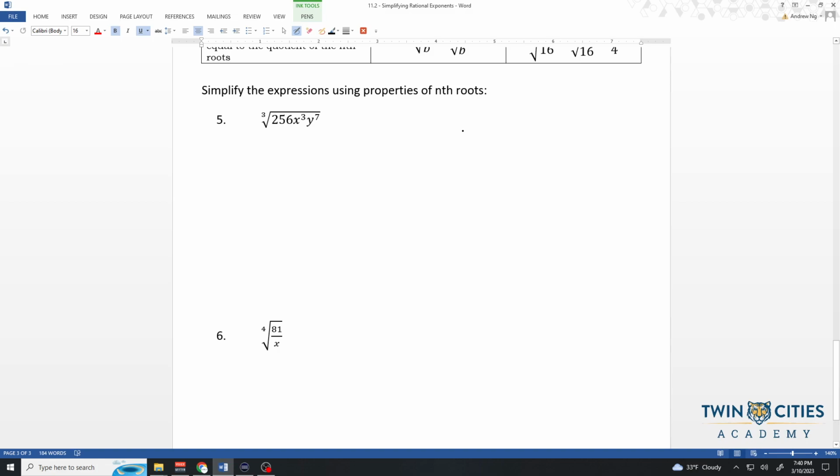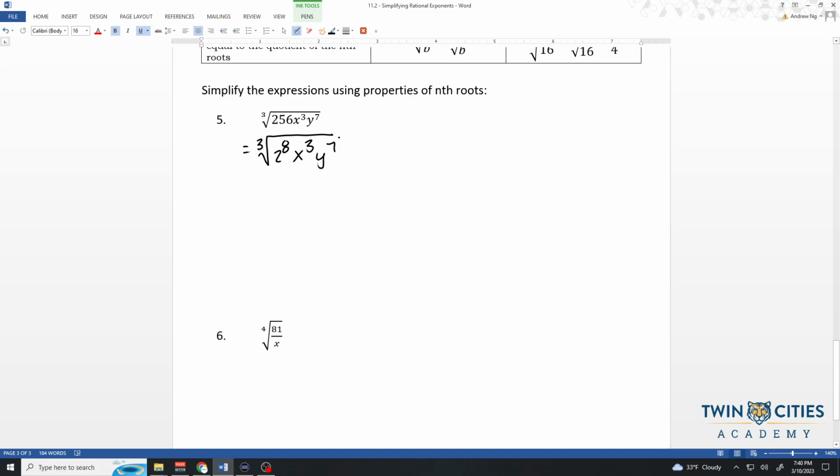So 2 times itself, a total of 8 2's multiplied together. So this is the same as the cube root of 2 to the 8th power, x to the third power, y to the 7th power.